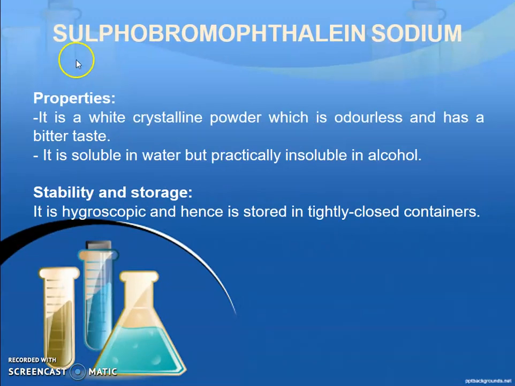Then the next drug is sulfobromophthalein sodium. Property: it is a white crystalline powder which is odorless and has a bitter taste. It is soluble in water but practically insoluble in alcohol. Stability and storage condition: it is hygroscopic and hence it is stored in a tightly closed container.